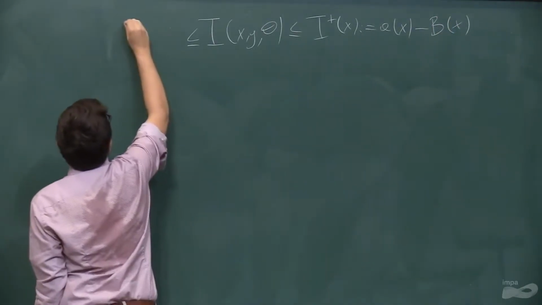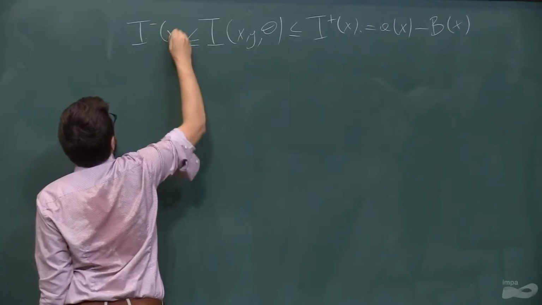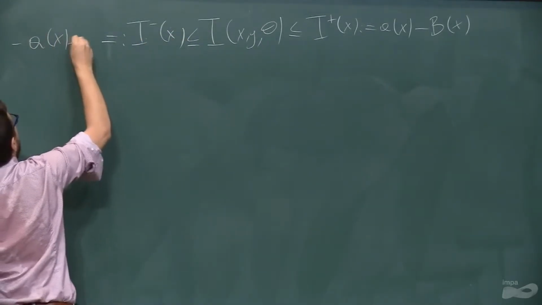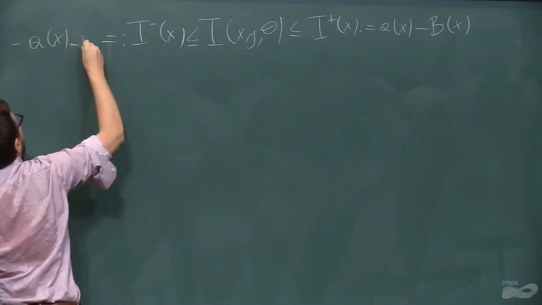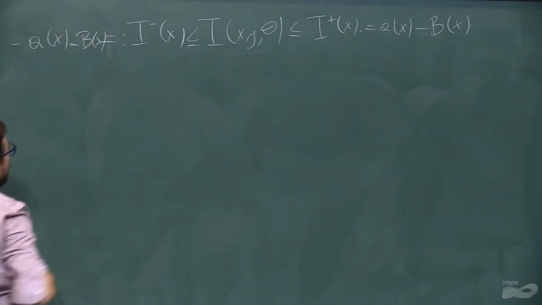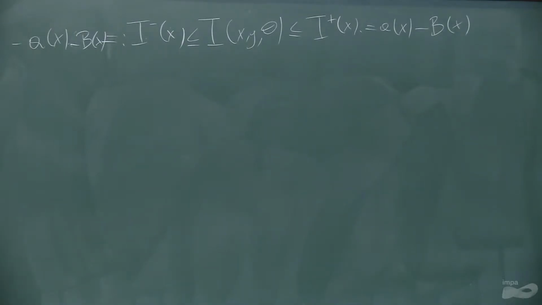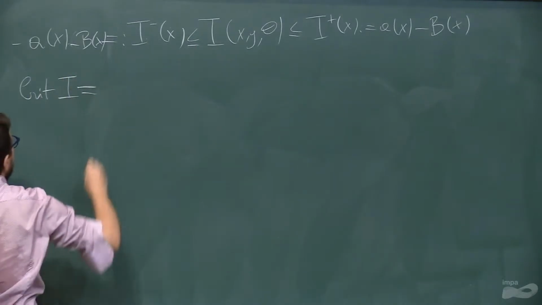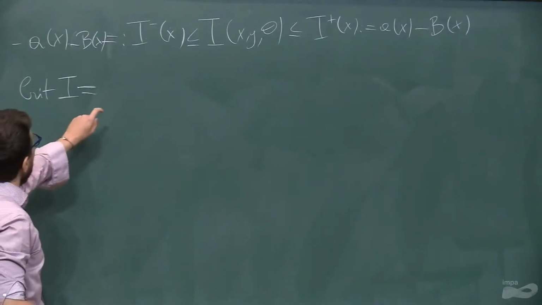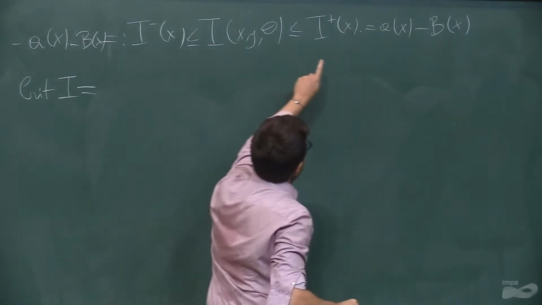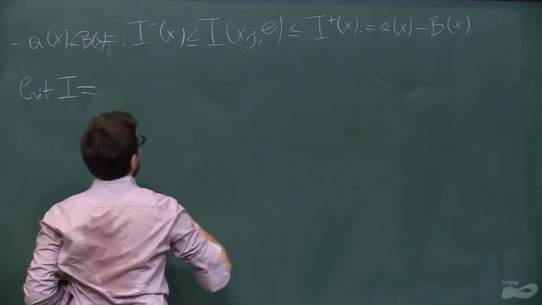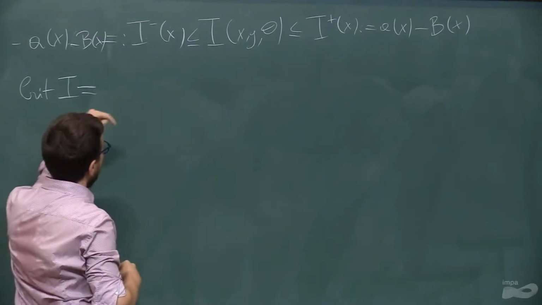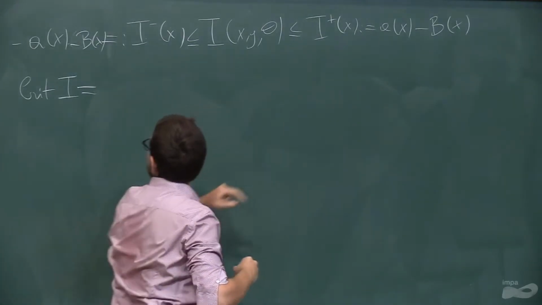And the other one is I minus of x, which is minus a of x minus b of x. And then one sees easily that the critical points of I are basically the critical points of this function and the critical points of this function, put together with theta equal to minus pi over 2 in this case, and plus pi over 2 in this case.